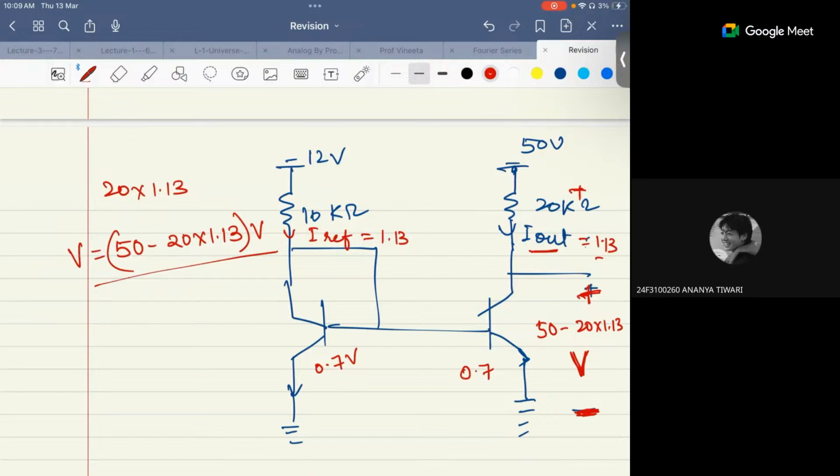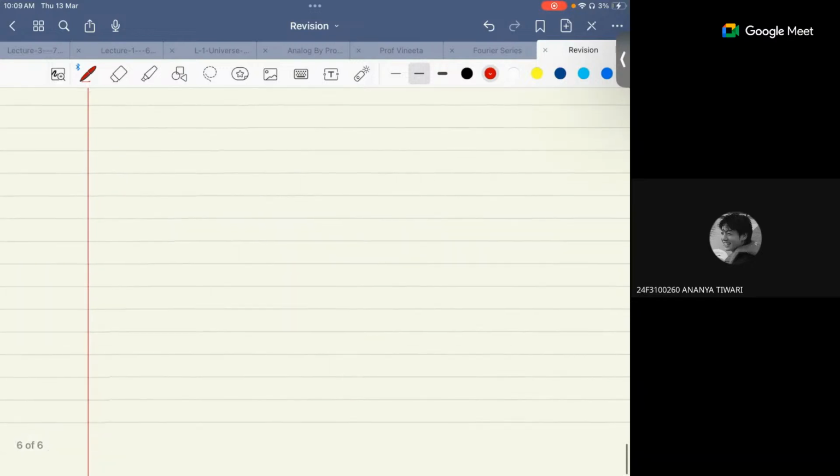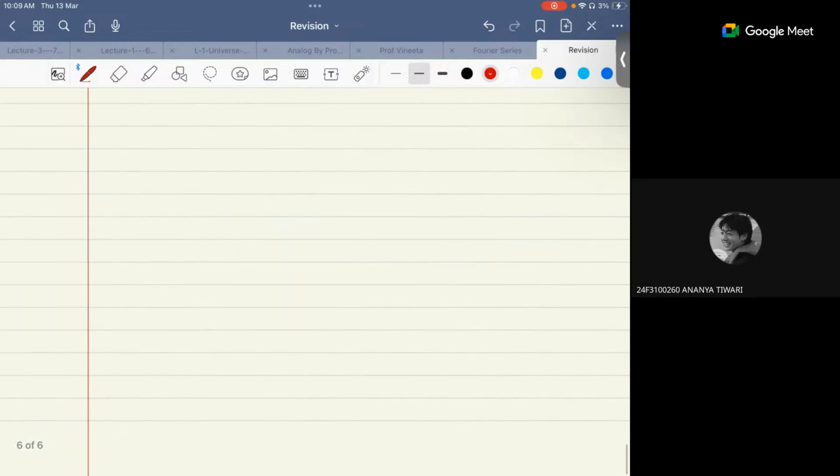I hope that's clear. And the statement based problem, I already told you, will be like true or false type statements. A common base will work like what? Common emitter will work like what? Or common collector.